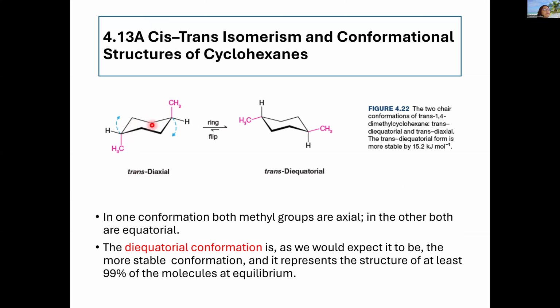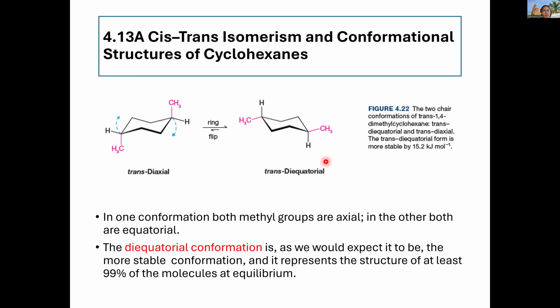If we flip this one, oh, by the way, is this cis or is this trans? Trans. If we flip this one, you still get your trans. Okay? But which of this first structure and the second, how do you call the two? Are they stereoisomers or conformational isomers?